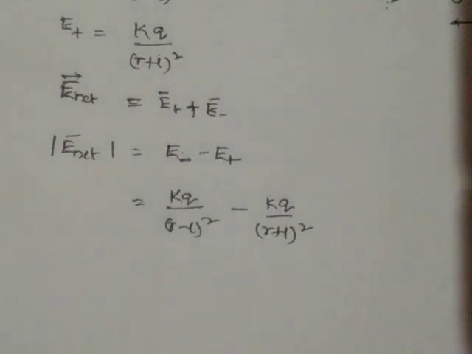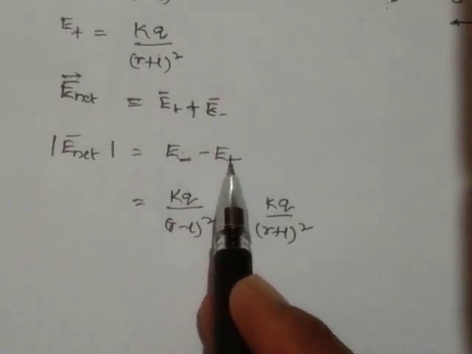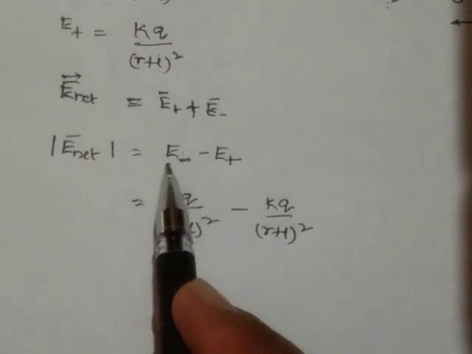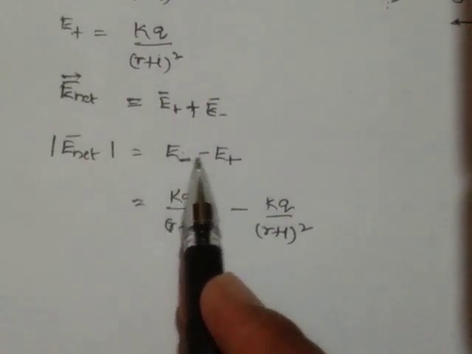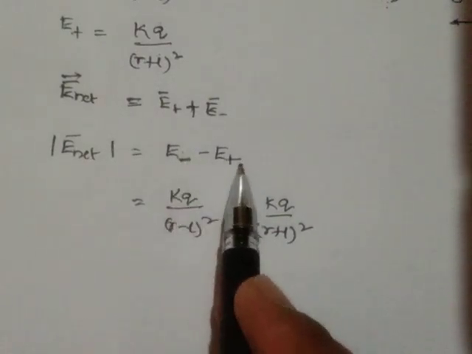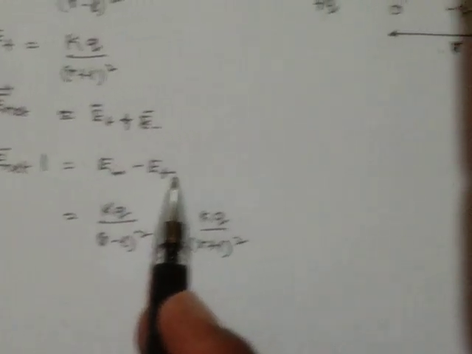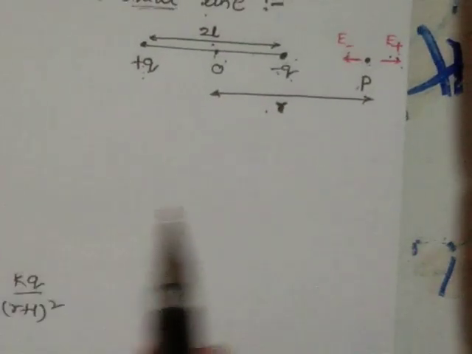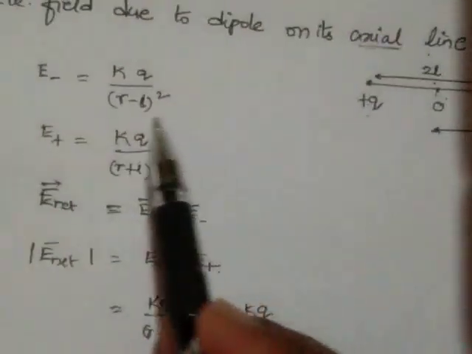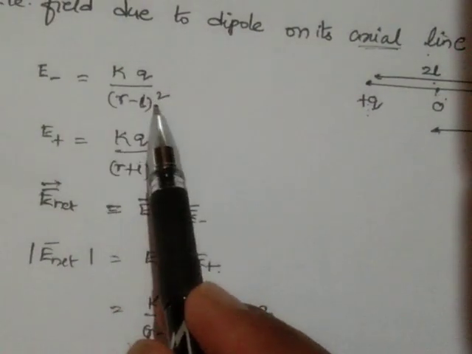Here there is a doubt: why am I taking E minus minus E plus? Why can't it be E plus minus E minus? This is simple to explain. Intensity is inversely proportional to the square of the distance.